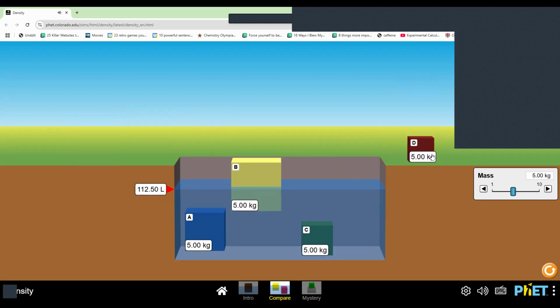So let's see. Watch these numbers. What is the volume for object D? Okay, so our starting volume is 112.5 liters, and we go up to 113.75. So what's my volume for object D?